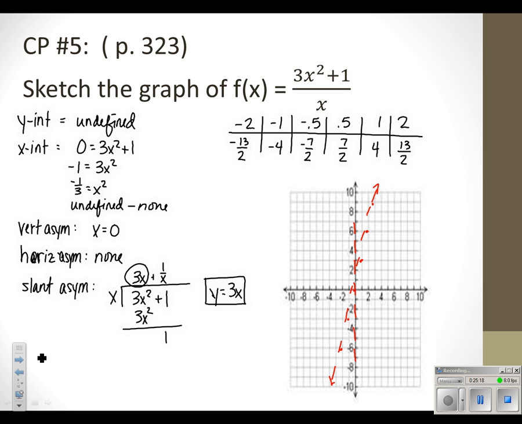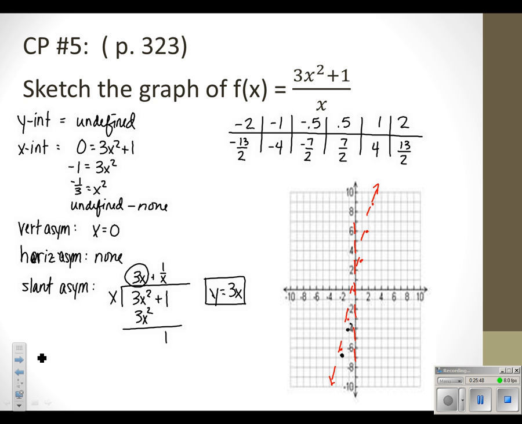So graphing these. My graph's not real big, so it's kind of hard to get all these points in there, but let's give it a try. At negative 2, negative 13 halves is 6.5, so I'm putting a point right down here. Then we've got negative 1 and negative 4, negative a half and negative 3 halves, 1 half, and it can't cross that line.